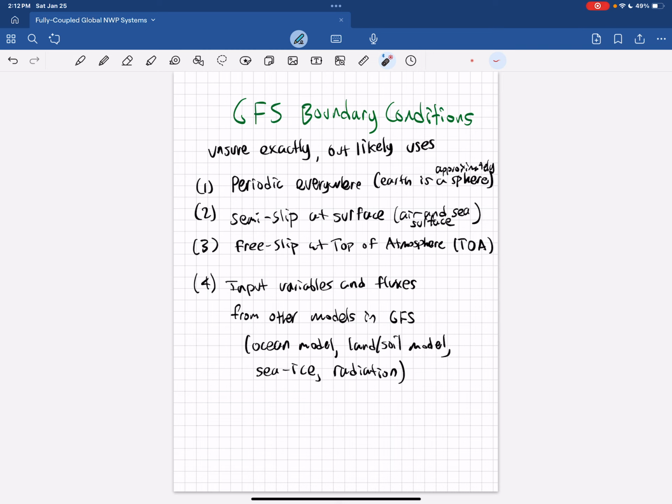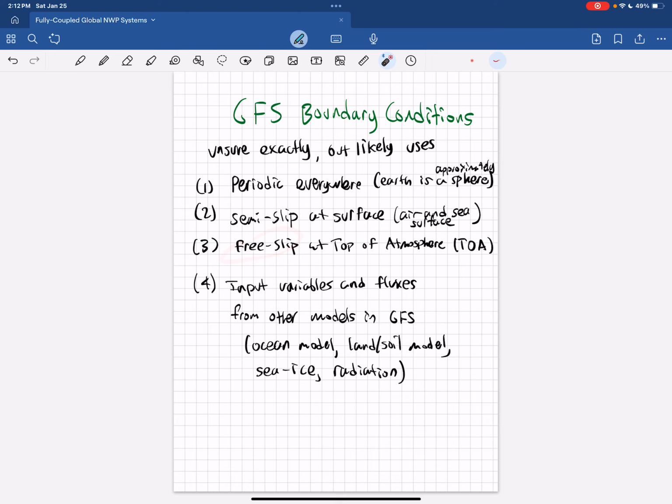And honestly, my hope for the far future is that they eventually get rid of an air-sea boundary and simply have two fluids, one with density of water, one with density of air, kind of touching each other, and then you can see the effect of wind on there. But I'm pretty sure right now they probably use something like this.